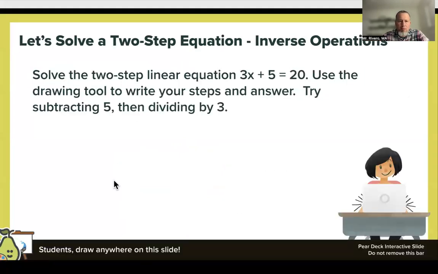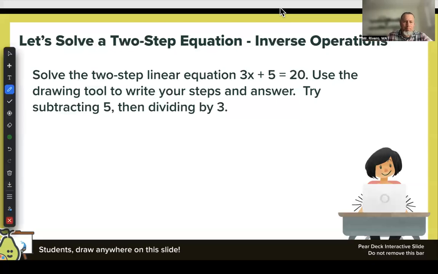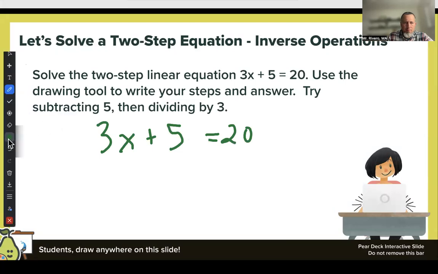Okay. So solve the two-step linear equation 3x plus 5 equals 20. Try subtracting 5.